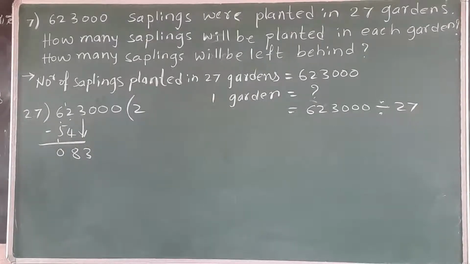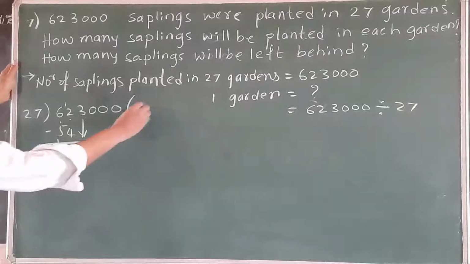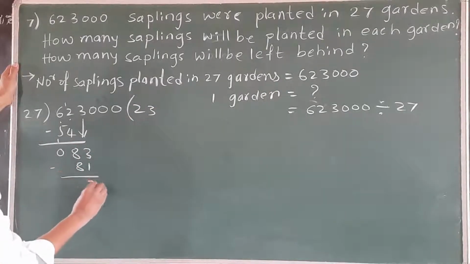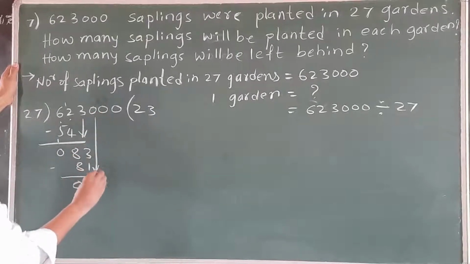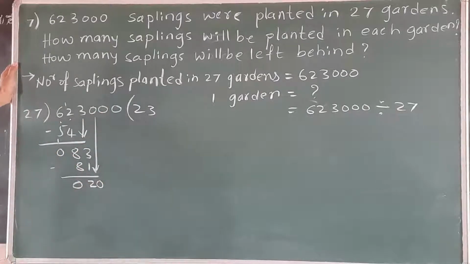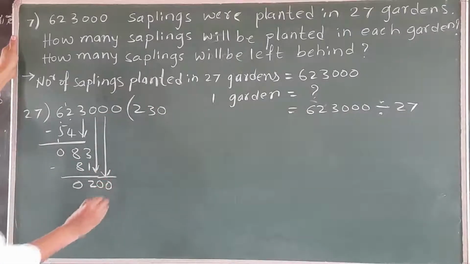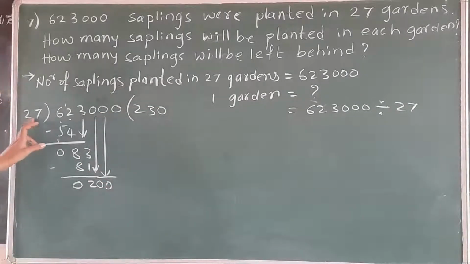Now 27 threes are 81. Once again subtract, 2. Next take 0, 20 is not there in the 27 table, write 0 and take the next digit down, it becomes 200. Now search for 200 in the 27 table, which is not there.